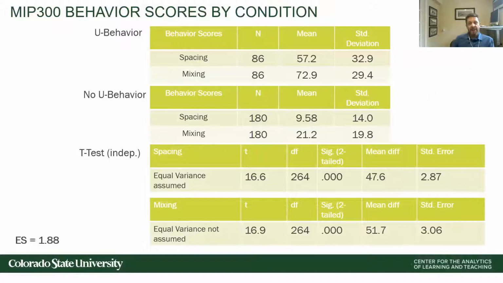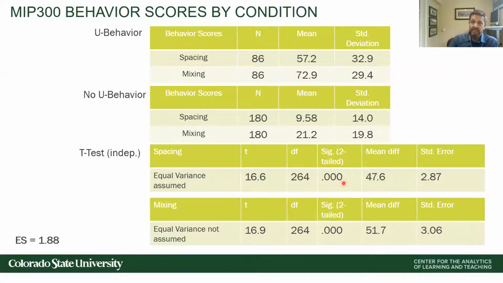As far as the behavior scores go, you can see that these are the descriptives. Right here are the means for spacing and the means for mixing on the U behavior condition, and down here are the means for mixing and spacing for the non-U behavior condition.